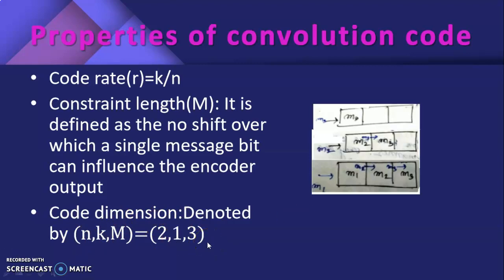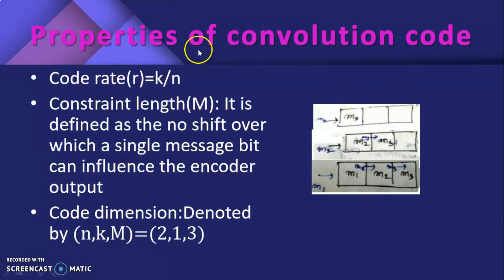Now one question may arise in your mind: why are there 3 locations in the shift register, but the information bit sequence is taken here as 1? Because this shift register is taken at a time for one instance.